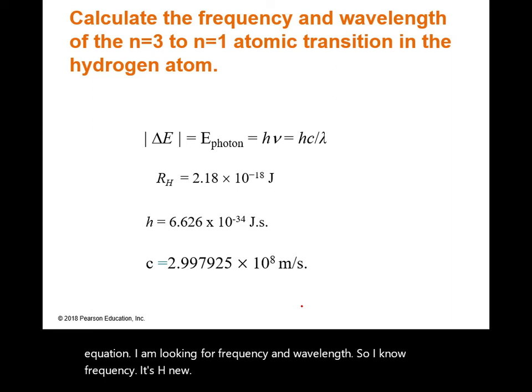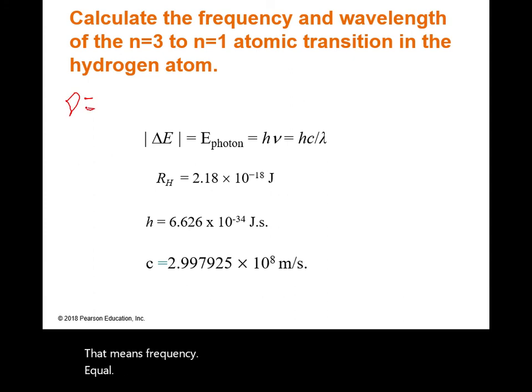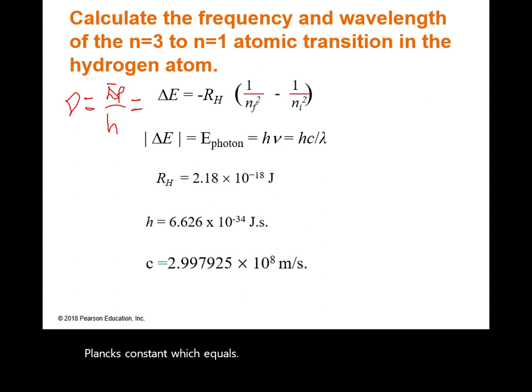That means frequency equals energy of the photon over Planck's constant, which equals dE over Planck's constant. Now let me set it up. So it will be minus RH over Planck's constant.